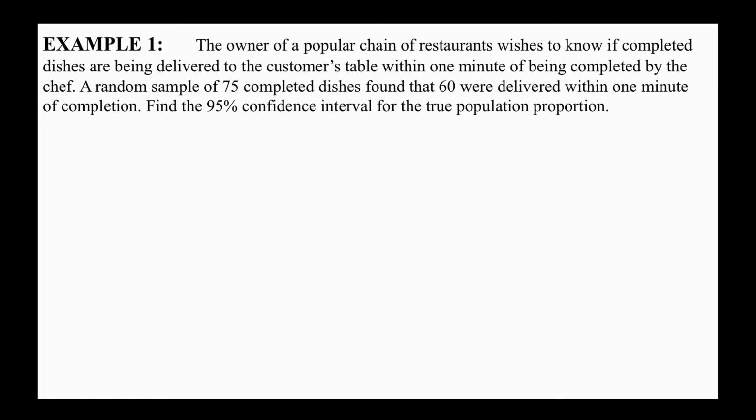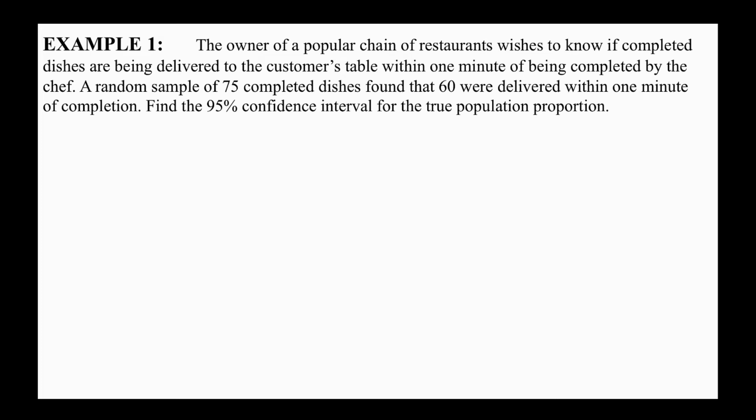The owner takes a random sample of 75 completed dishes and found that 60 of them were delivered within 1 minute, the way they wanted. That means 15 of them were not. Find the 95% confidence interval for the true population proportion.